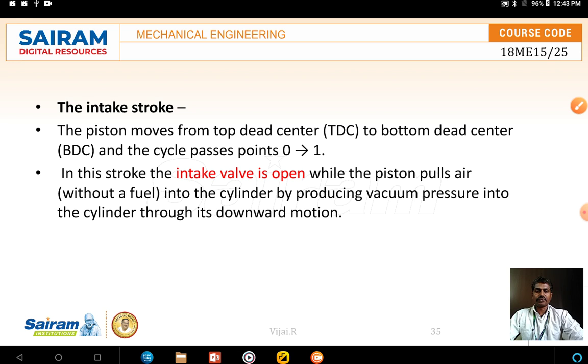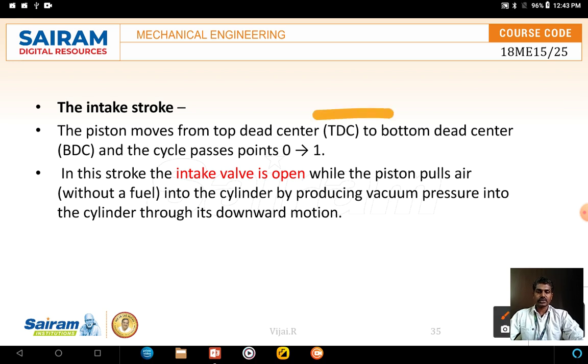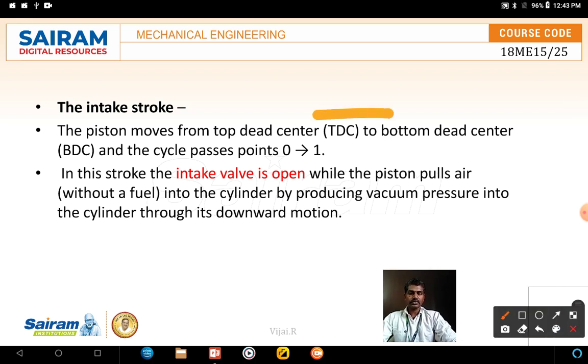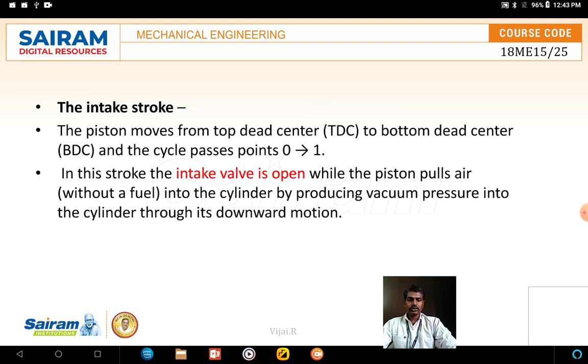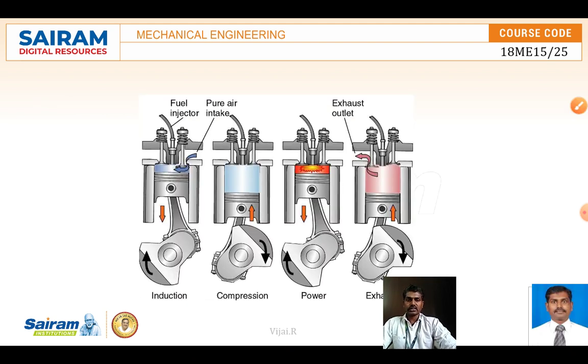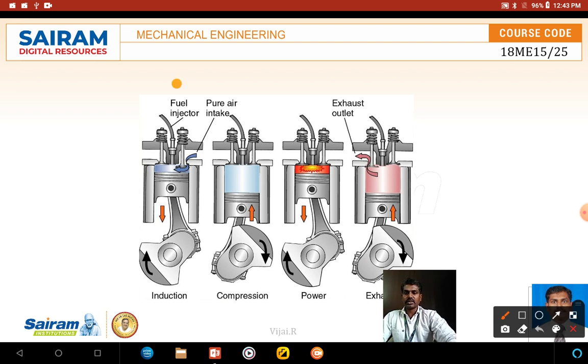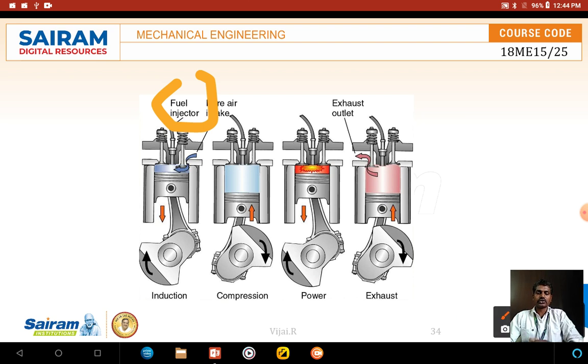Here the fuel injector is present instead of the spark plug. The fuel injector helps during the compression stroke. It is useful for injecting the fuel in an atomized manner, so that the fuel gets injected and then burnt. This is the function of the fuel injector. Let me see how it works out.